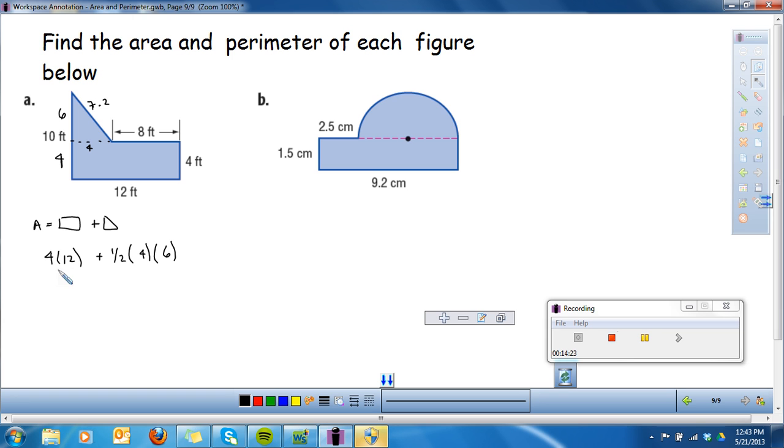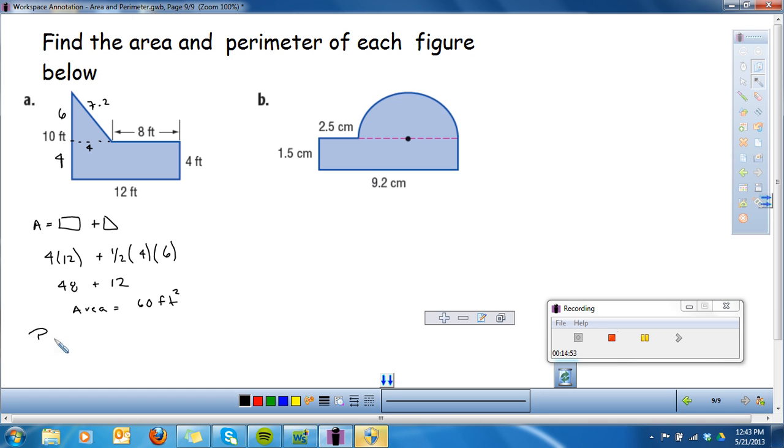So now I'm going to go ahead and calculate it. 4 times 12 gives me 48. 1/2 times 4 times 6 gives me 12. And 48 plus 12 gives me an area of 60 feet, because our units were feet, squared.